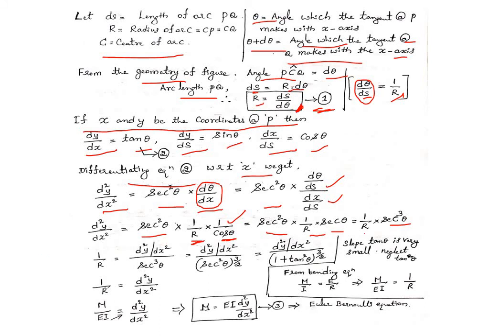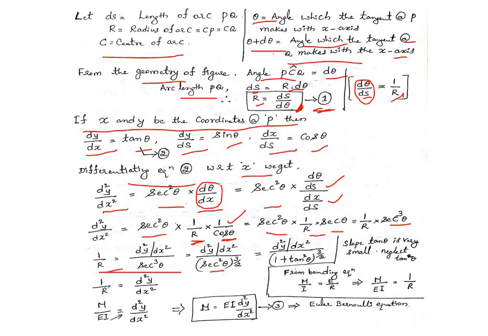Then we extract the 1 by r. So 1 by r equals d square y by dx square divided by secant cube theta, also written as secant square theta whole to the power 3 by 2. We modify in this manner.